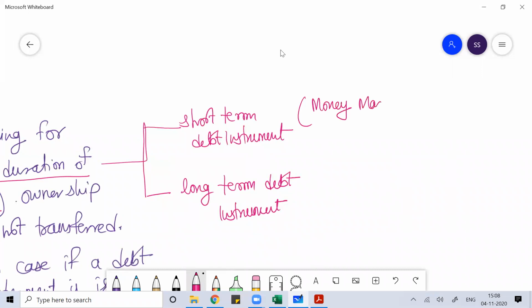Short-term debt instruments are also called money market instruments.